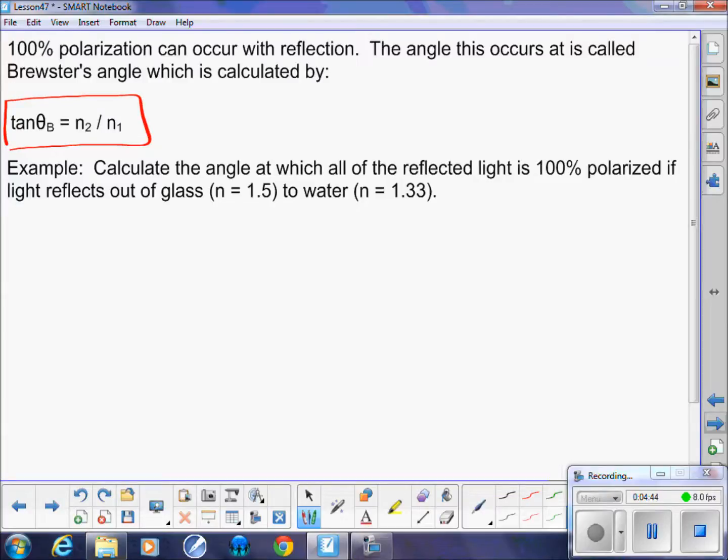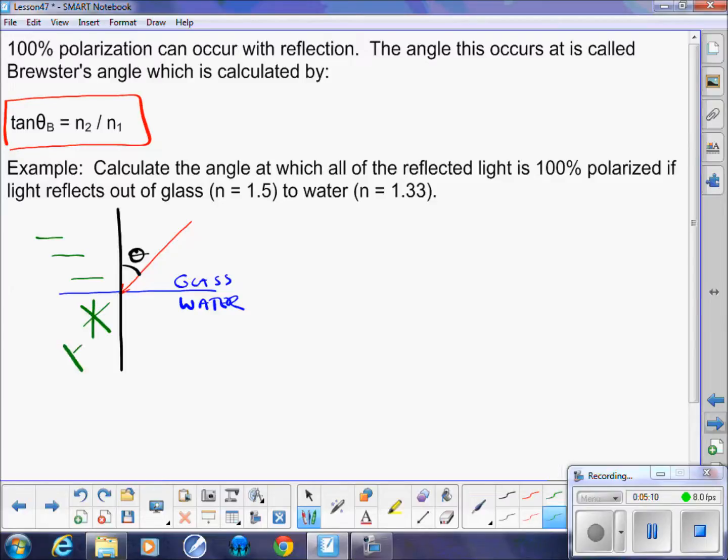So we have glass, we have water, and we have our unpolarized light coming down to the surface, and similar to refraction, we are looking for that angle right there. That tells us when we would get that perfectly polarized light reflected off, and then your remaining light entering into the water itself.